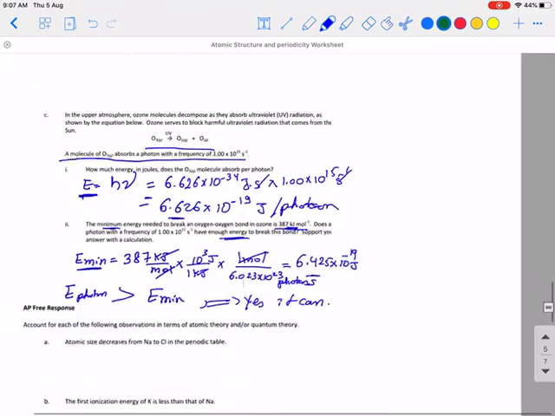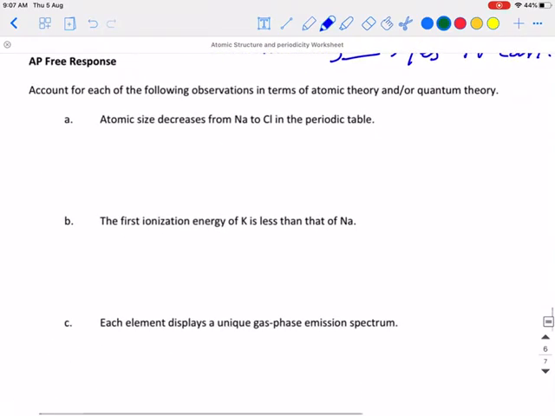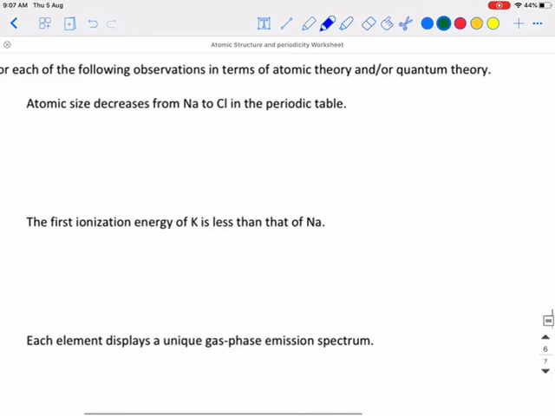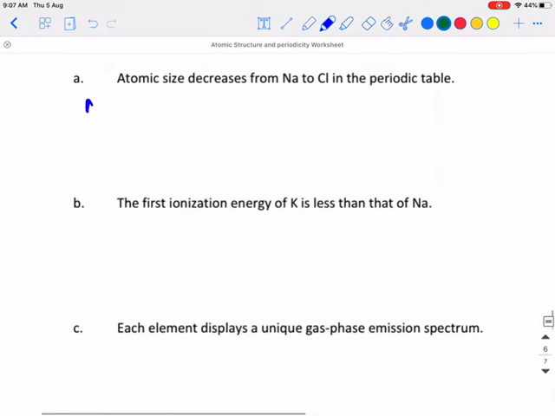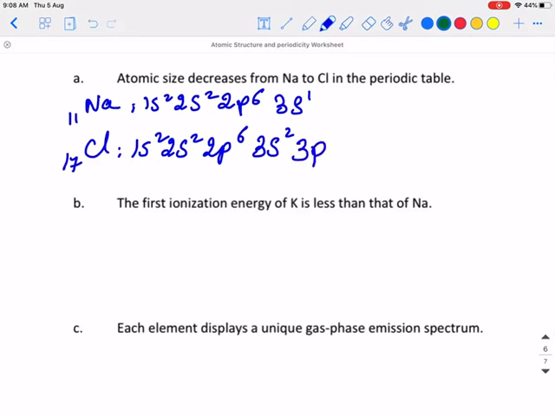I'm going to write the electron configurations. Na has atomic number 11, so 1s2, 2s2, 2p6, 3s1. Chlorine, atomic number 17, 1s2, 2s2, 2p6, 3s2, 3p5.